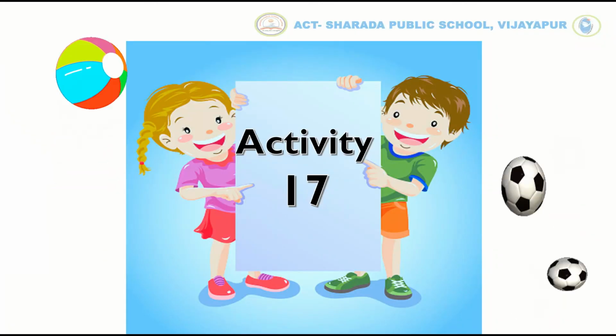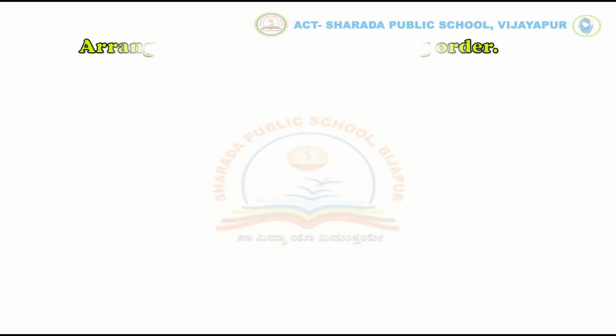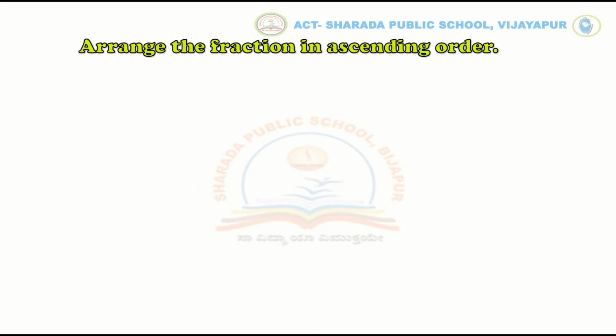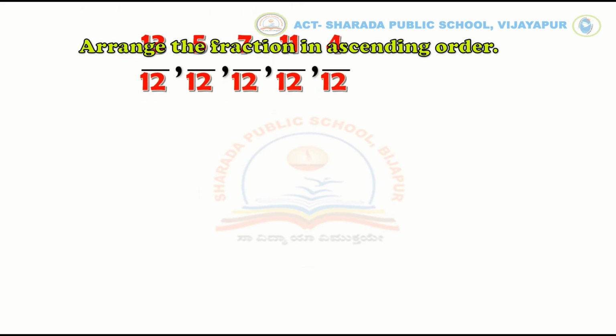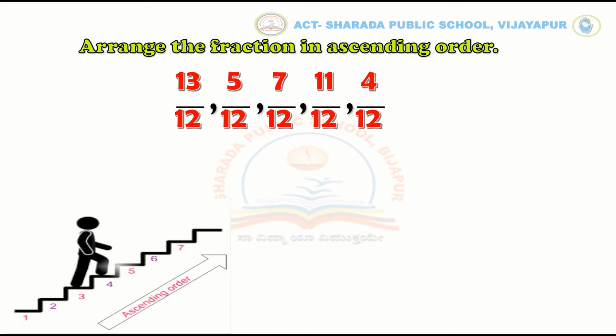Let's do another activity, activity 17. Arrange the fractions in ascending order. Let's see the first example. Ascending order is from the lowest number to the biggest number. So, children, can you see what these fractions are? Yes, they are like fractions.